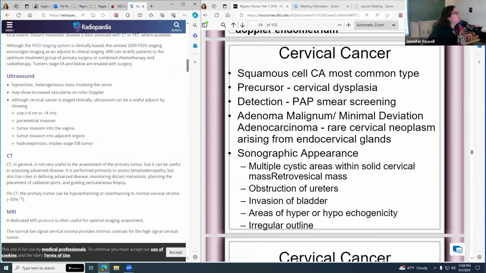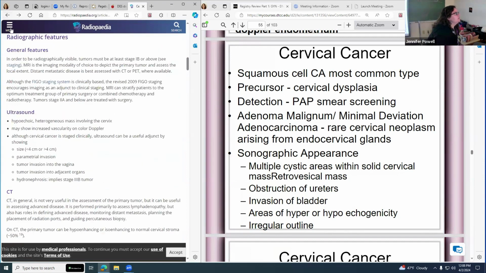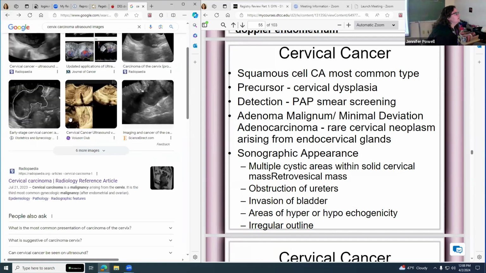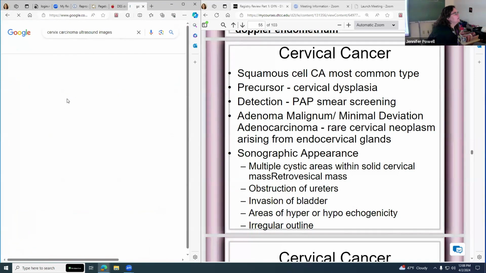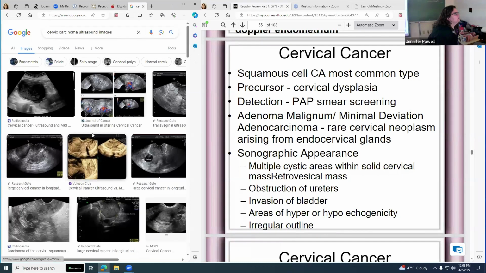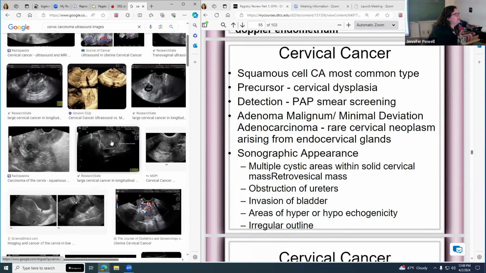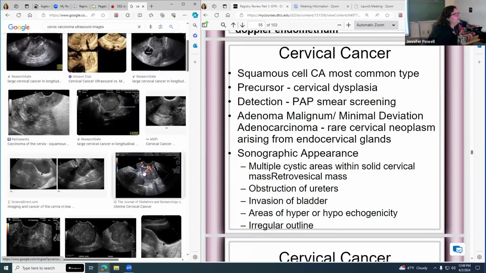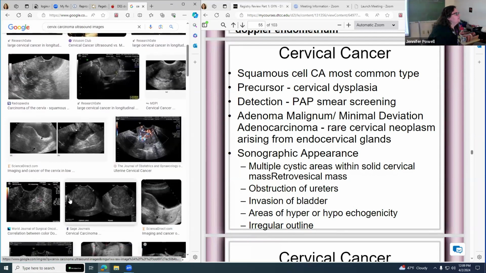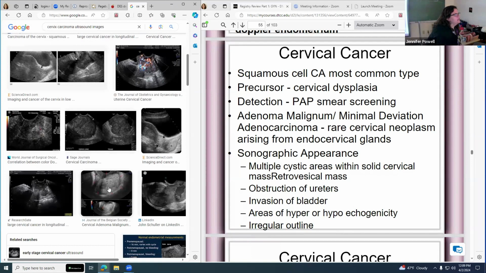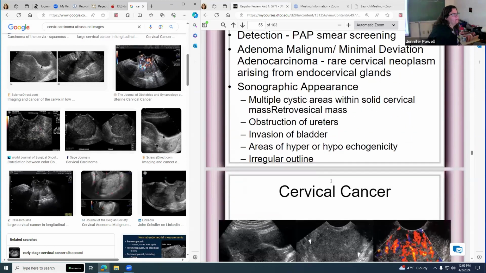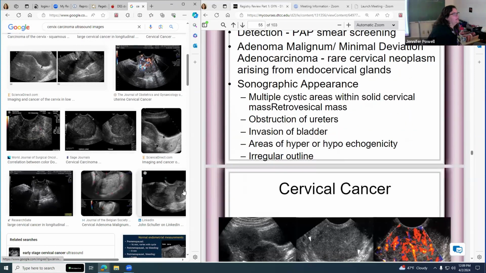Anyway, I was hoping to actually see some images. So, see the hypervascularity there and here. And obviously, if you see an outline of a mass, that's a good indication as well. Irregular outline here.